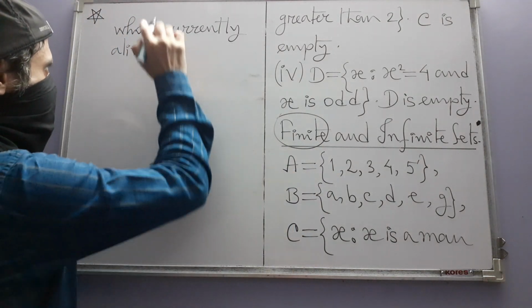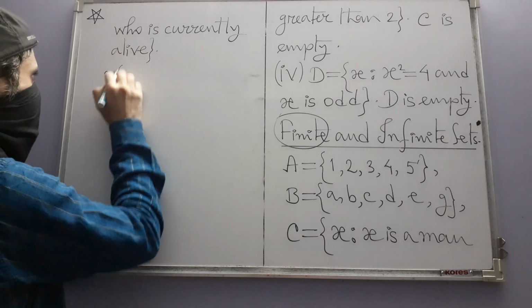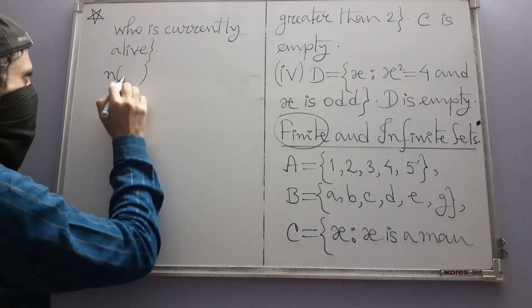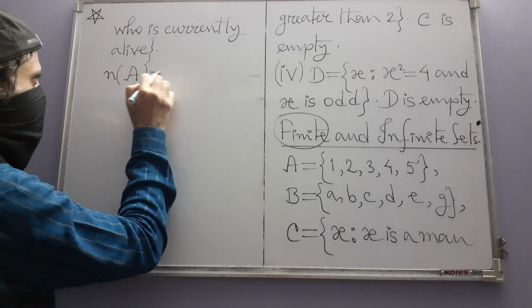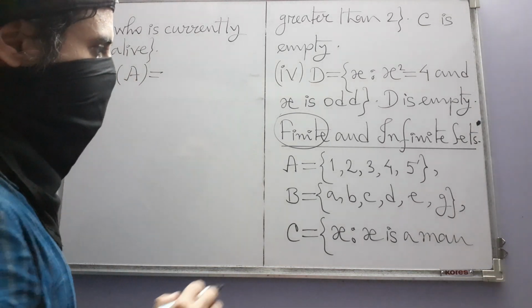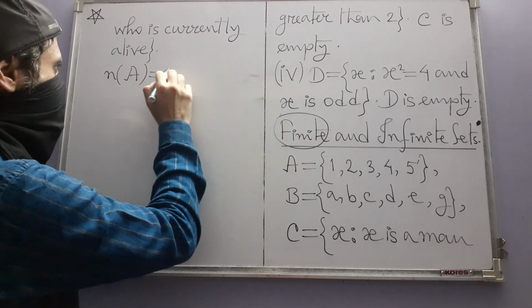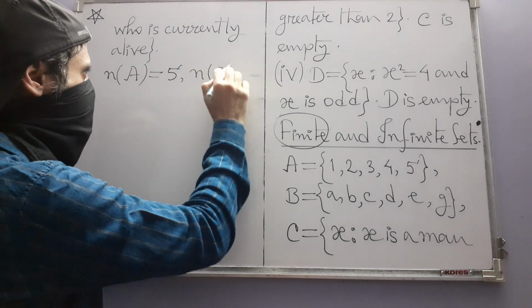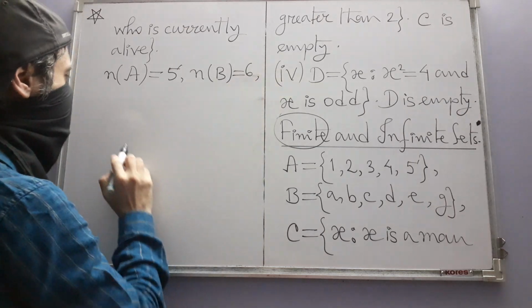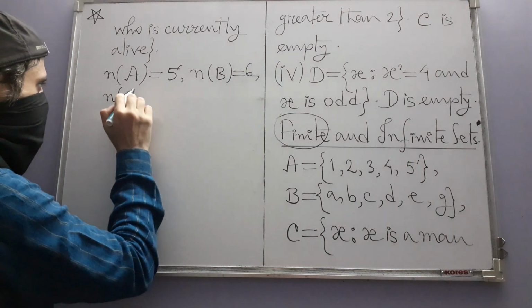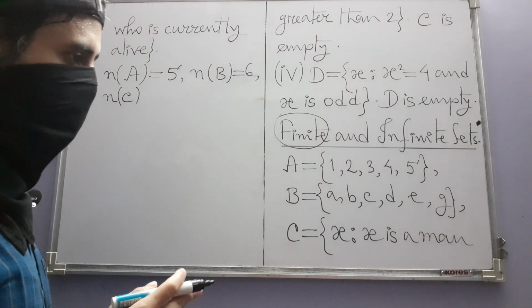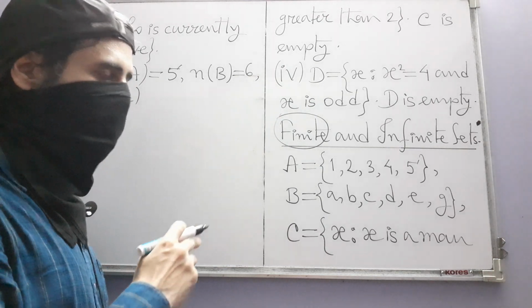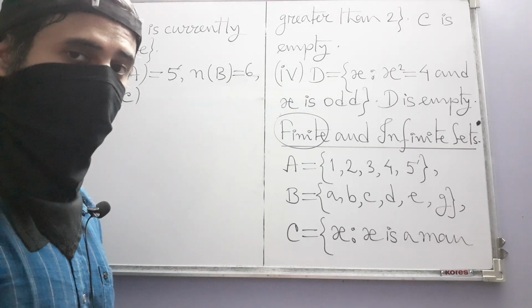And that number is denoted by n, and within parentheses you have the set. For example, n of A is 5. N of B is 6. What is n of C? We don't know. However, it will be quite a large natural number.